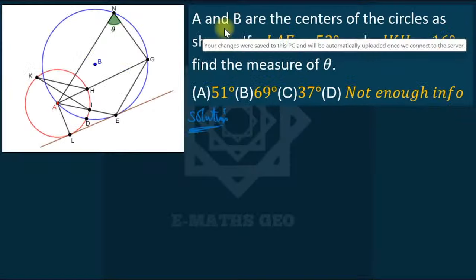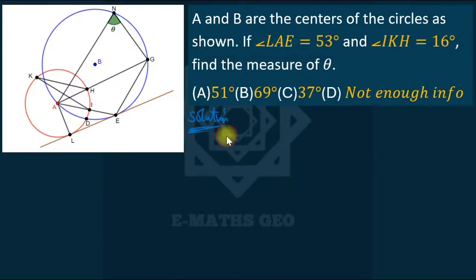A and B are the centers of the circles as shown. If angle LA is 53 degrees and angle IKH is 16 degrees, we have to find theta. So from the diagram, this is theta.